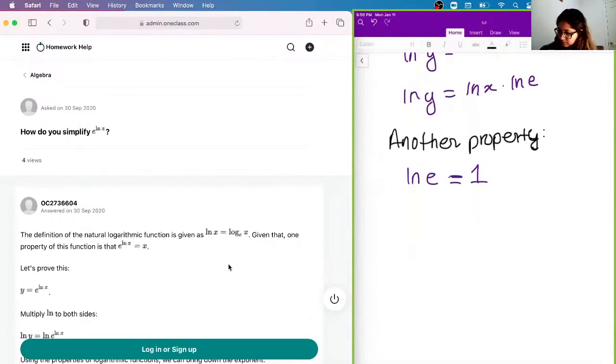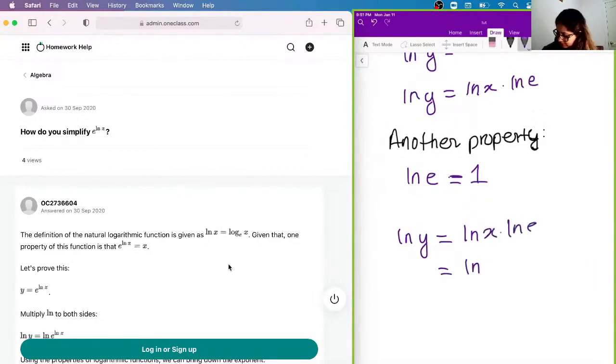And so, having said that, we have ln of y is equal to ln of x times ln of e, and you can say this is equal to ln of x times 1.